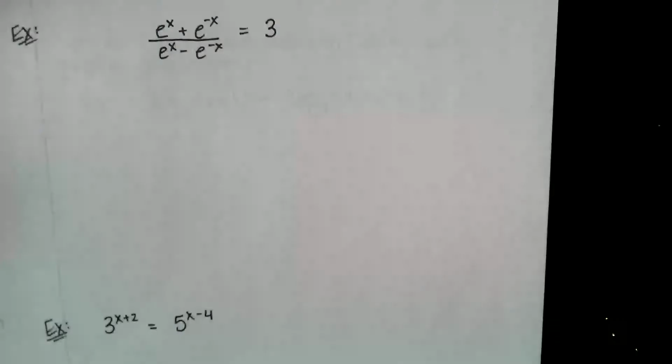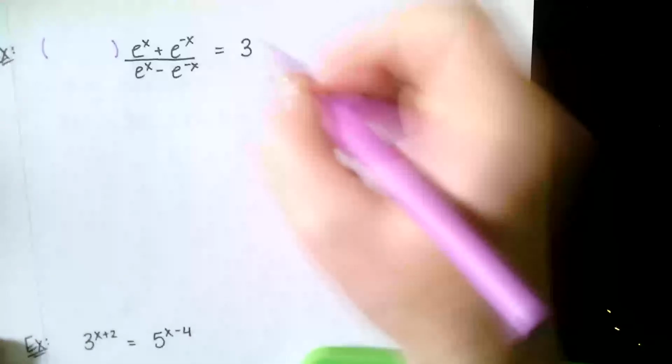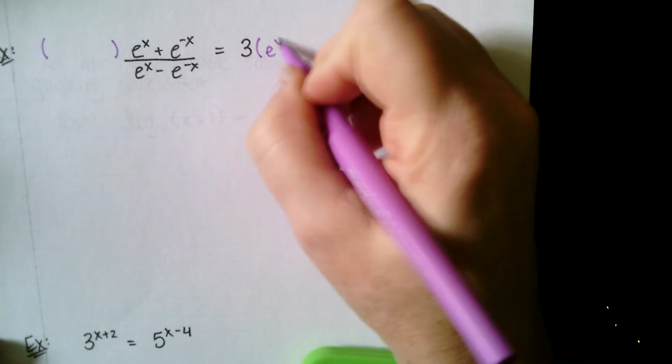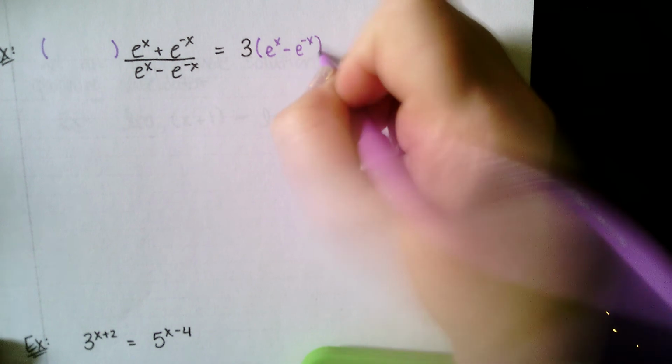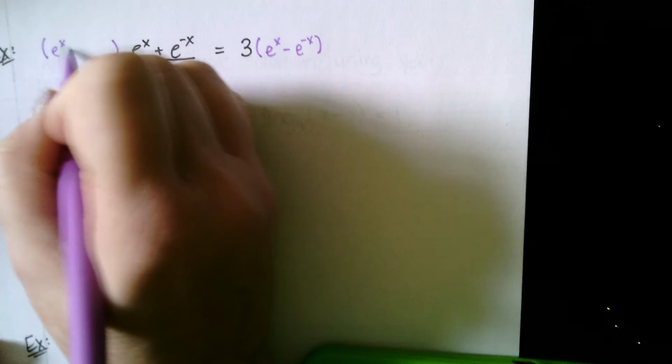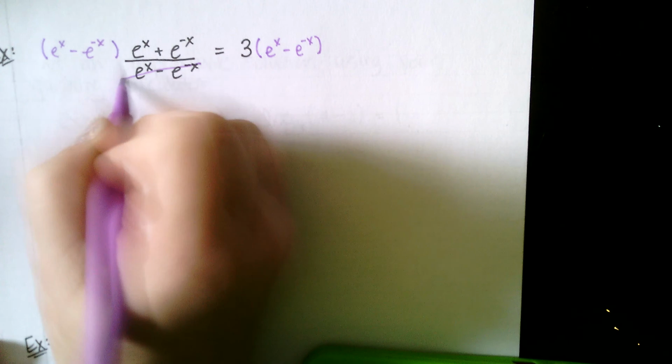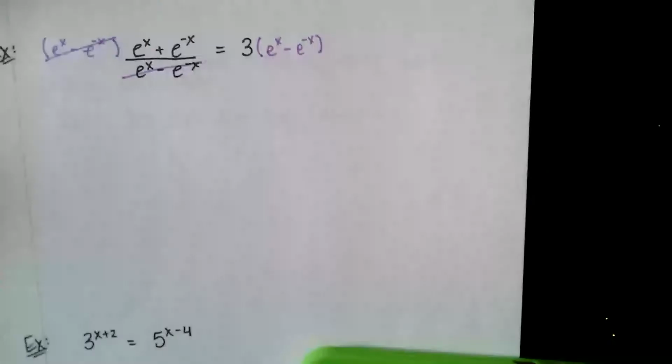We are going to start by multiplying both sides by that denominator, just so we have a little less awkwardness to deal with. So those denominators are going to be out of there.